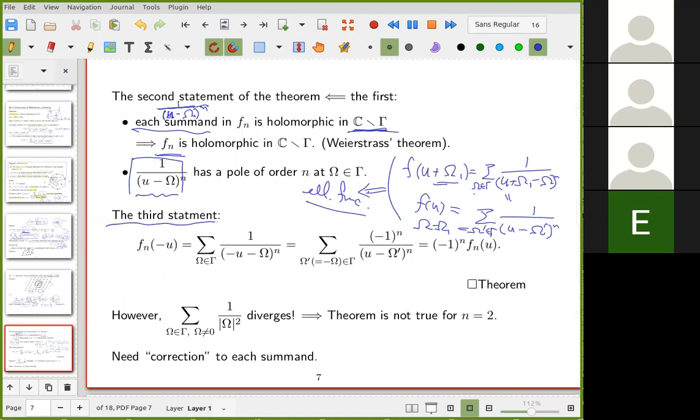And the parity can be proved in a similar way. I mean, let's consider Fn of minus u, which is this. And let's change the variable of summation with minus omega.